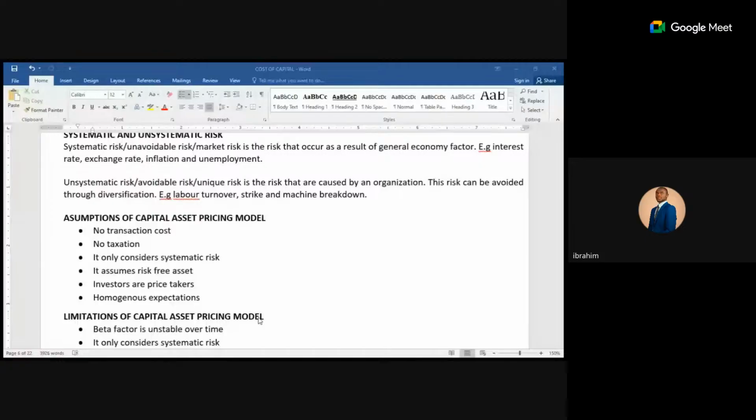In the market, our expectations are different. Class, Deborah may say that I don't want to go for capital appreciation, I want to go for dividend. Now, Babalola will say, I want to go for capital appreciation. You can see that our expectations are not homogeneous at all.